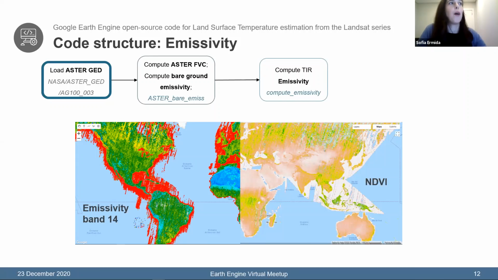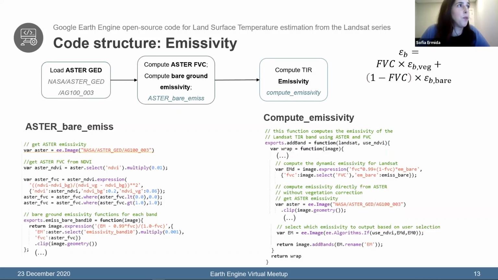So how do I combine these two data sets? As you remember, I said before that we compute emissivity simply assuming that there's vegetation and there's something that is not vegetation. We call it bare ground. The emissivity of the pixel will be a weighted average, let's just say it, of the vegetated component and the bare ground component.